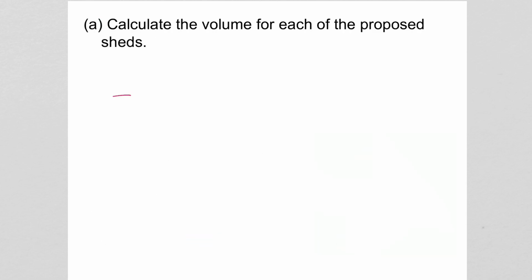So the first one has a diameter of 40 feet. So that means its radius is 20 feet. And the height is 10 feet.